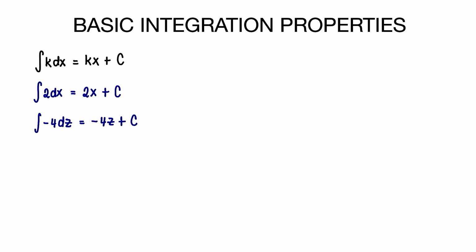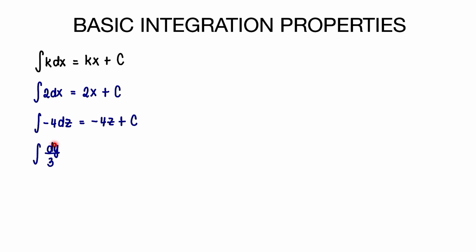It could also be written like this. We are to find the integral of dy over 3, for example. Take note, this is just the variable of integration, the differential giving us the variable of integration. There is no other term there except that there is a constant in the denominator.